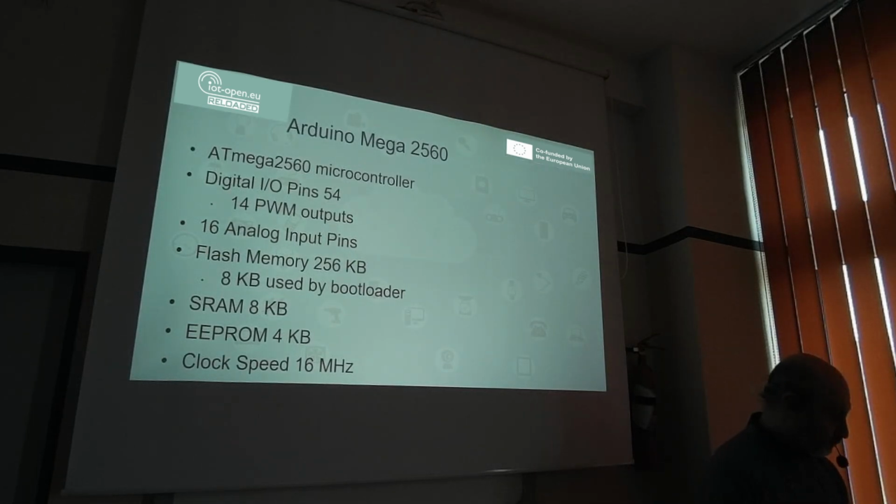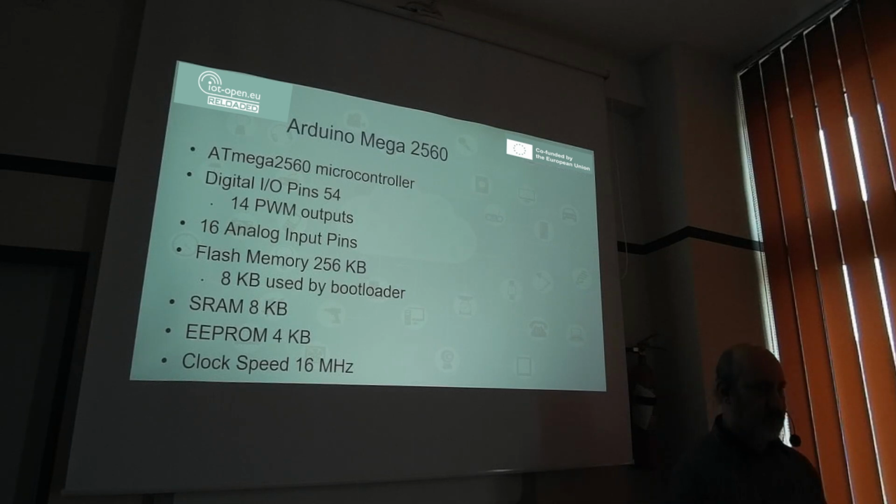Another quite popular Arduino is Arduino Mega 2560, and this is a bigger version, we can say. This is the version that has a lot of GPIOs, general purpose input outputs, up to 54, and as such it is used in very sophisticated projects like, as I mentioned, 3D printers. Most popular 3D printers are based on this version of Arduino microcomputer.